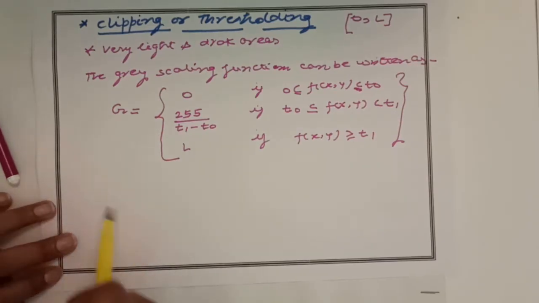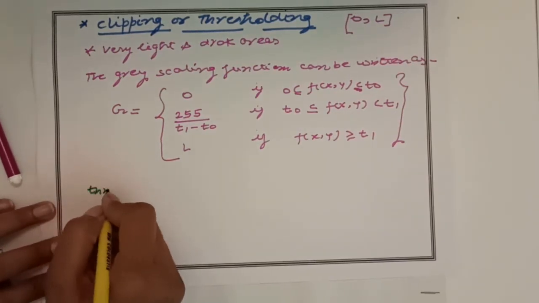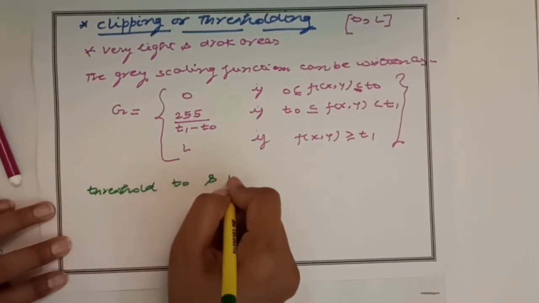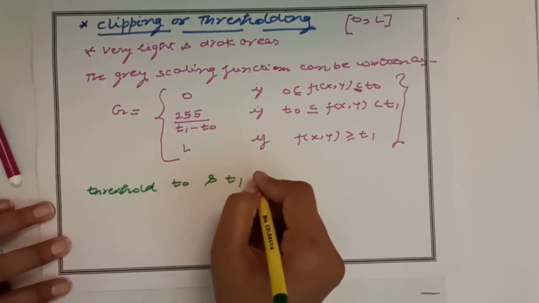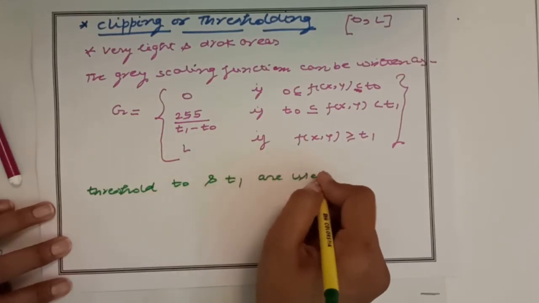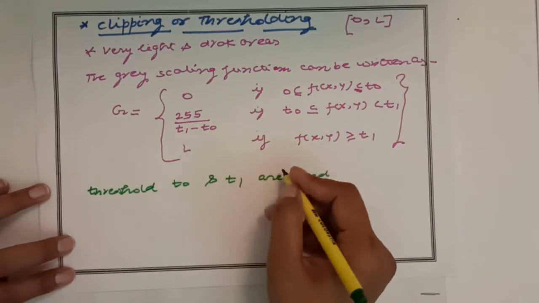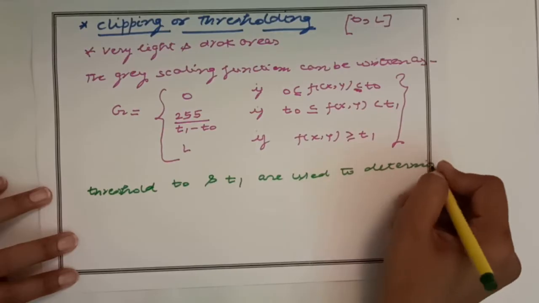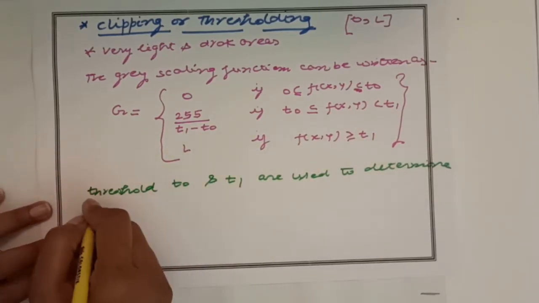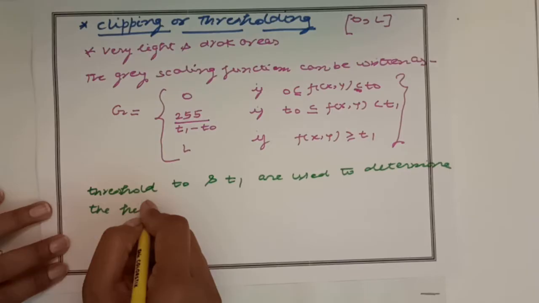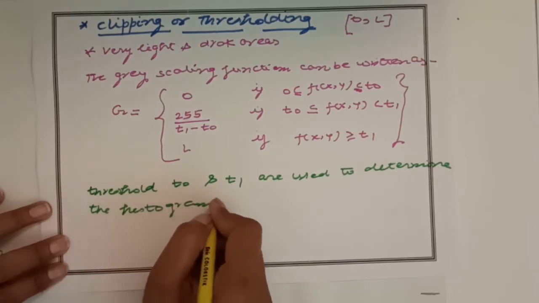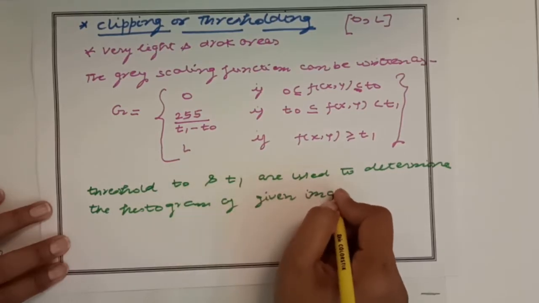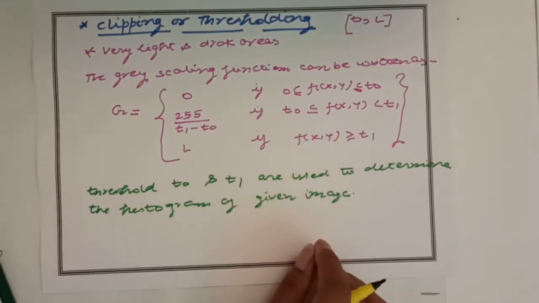So in this case, thresholds T0 and T1 are used to determine the histogram of the given image.